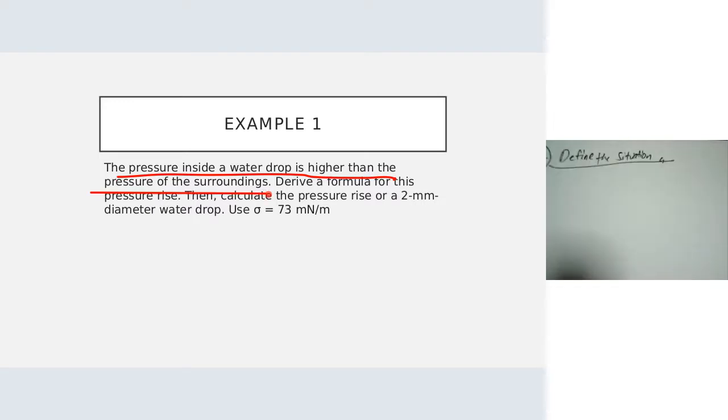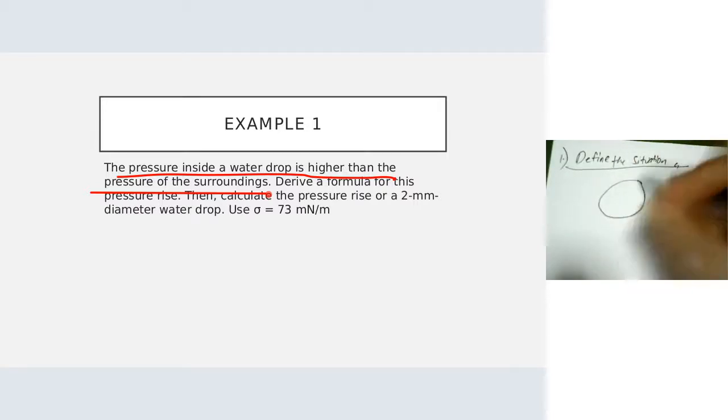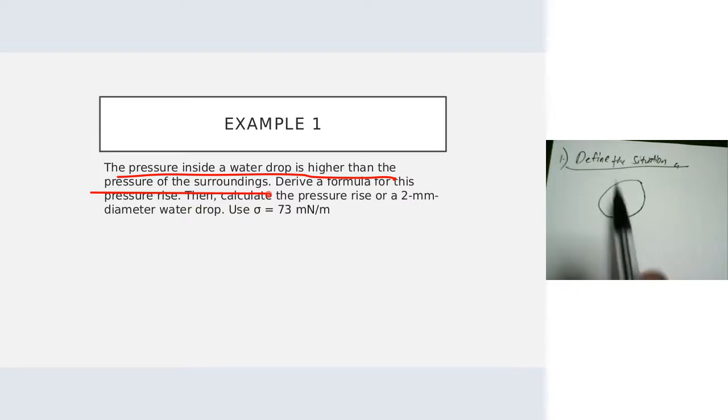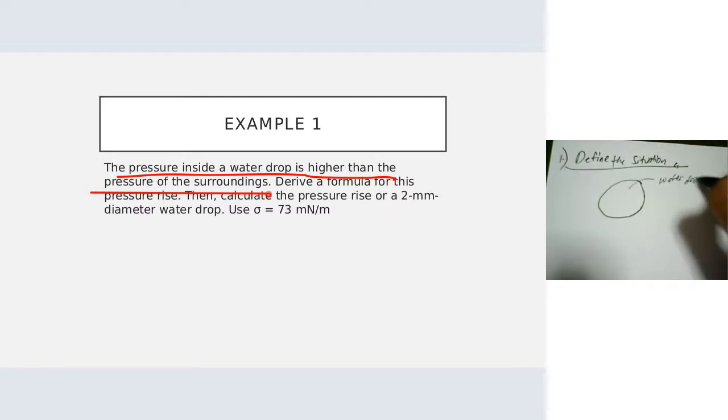So it's helpful if we can first draw the figure. So let's say the water drop is in the form of a sphere. Okay, so this is the water drop. Now it says that the pressure inside is higher than the ambient pressure. So that's also the required, right? We'll calculate the pressure rise.